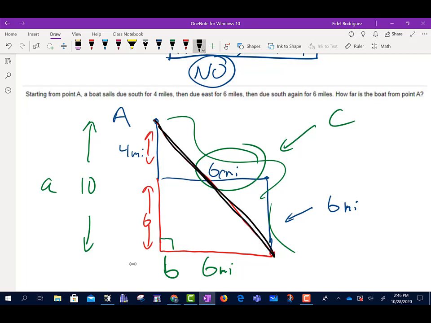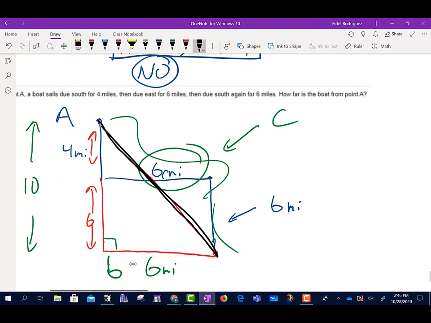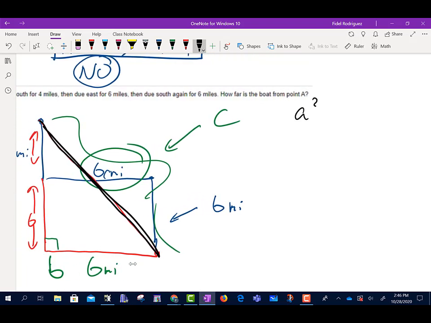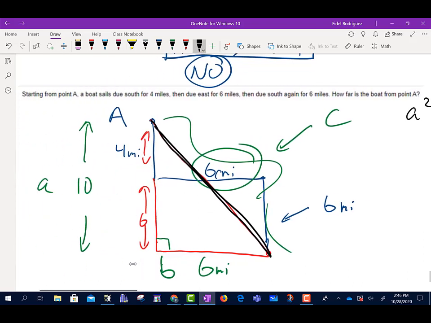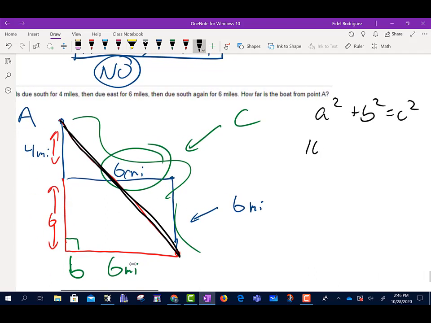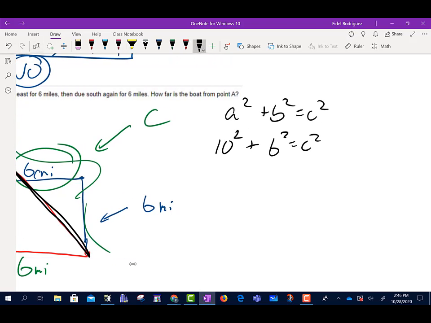So first thing I'm going to do, I'm going to write down my formula over here. A squared plus B squared equals C squared, right? So A is going to be 10, so we have 10 squared plus B is 6, 6 squared equals C squared. So 10 squared is 100, 6 squared is 36.